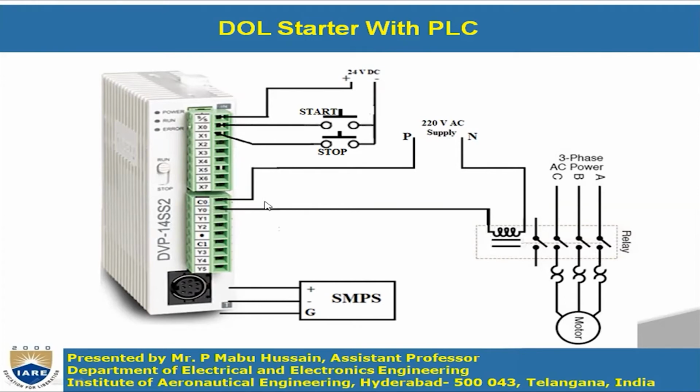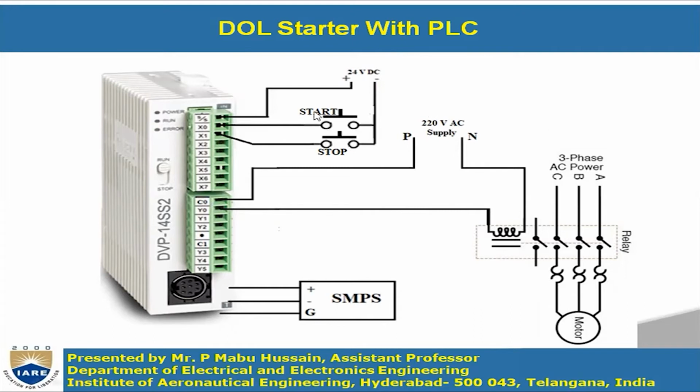C0 will be connected to phase, N will be connected to one end of the coil, and the other end of the coil to Y0. So this is the circuit diagram for the DOL starter using PLC. Now you have to write the program. What is your aim?